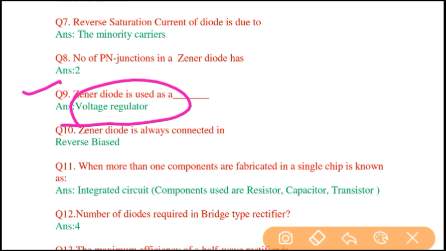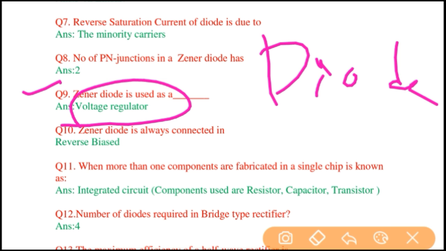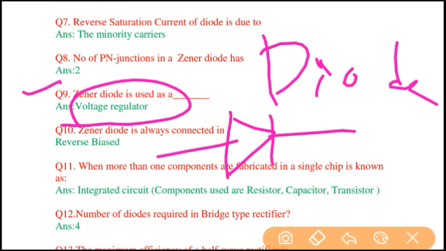Now, let me give you the symbols for a diode as well as for a Zener diode. For a diode, the symbol is like this, and for a Zener diode, it is similar to this but with some modification like this.